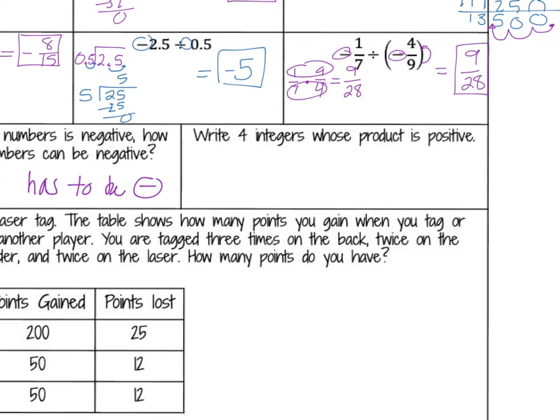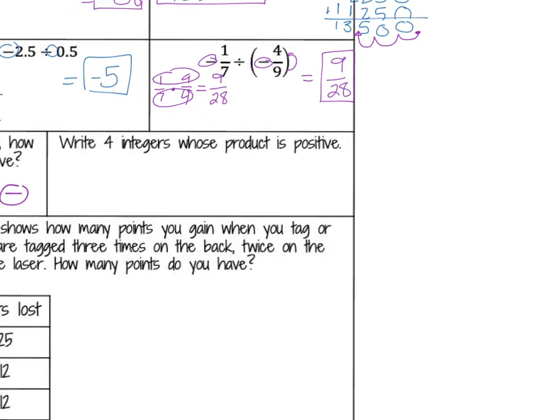Okay, 4 integers whose product is positive. So if I'm multiplying 1, 2, 3, 4 numbers, and I want their answer to be positive, well, I know that two numbers with the same sign will be positive.